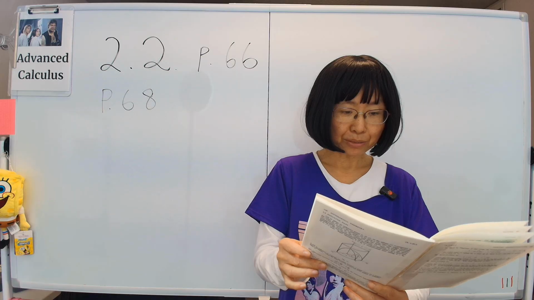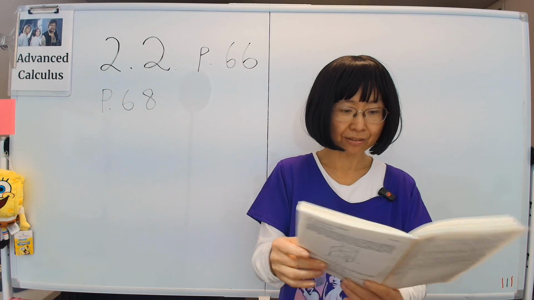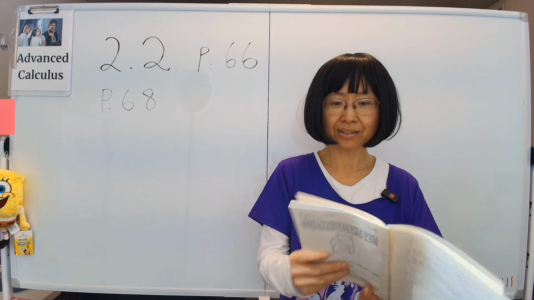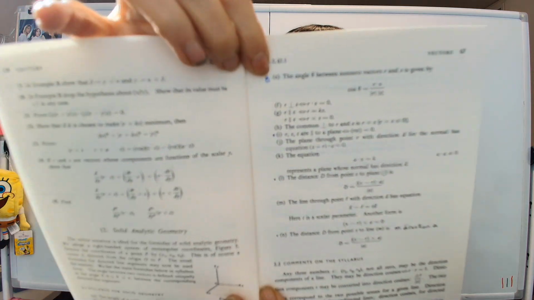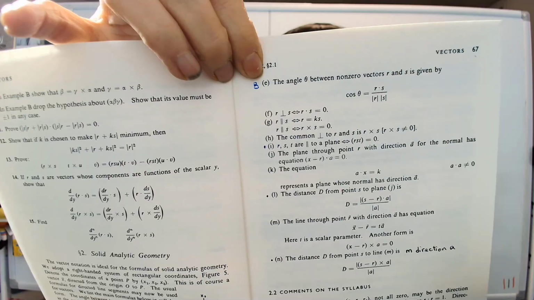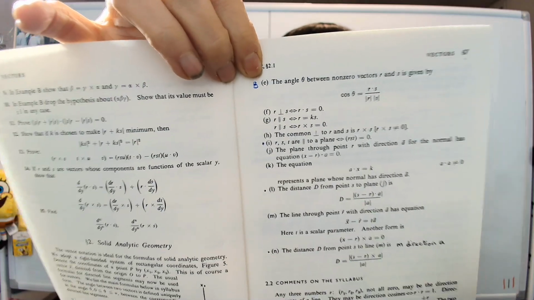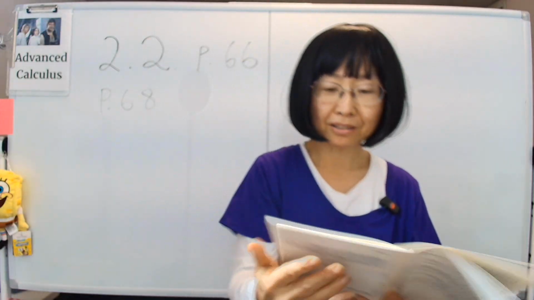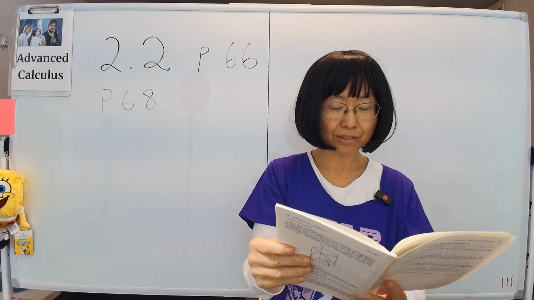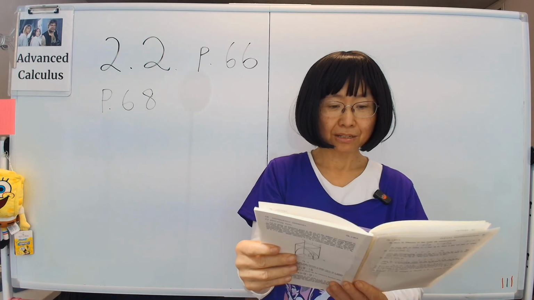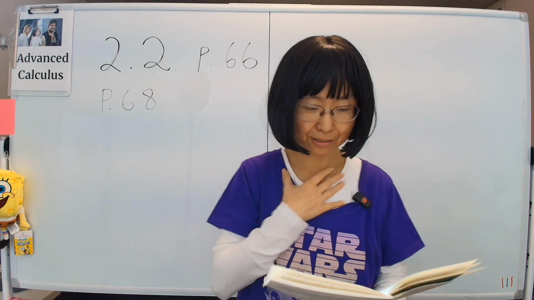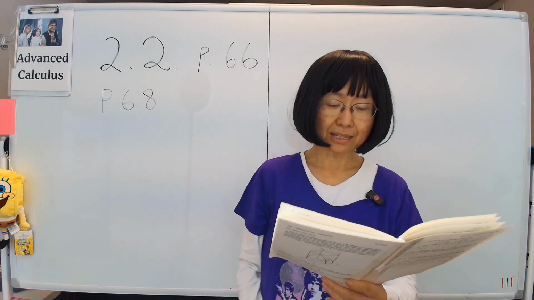So now the next thing we have is condition E, that cosine thing. E says that cosine theta is r dot s over the magnitude of r times the magnitude of s. And if that is the case, then you can have an equation for r dot s, and that gives us what r dot s means.